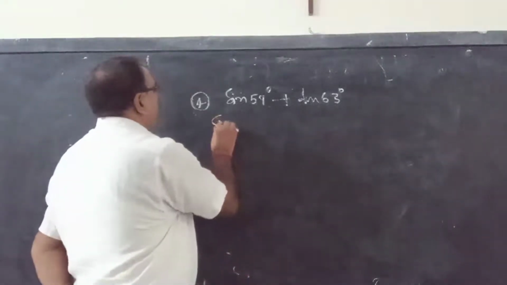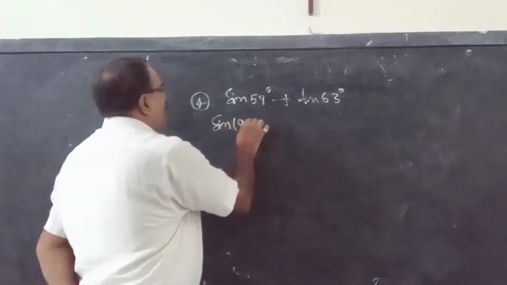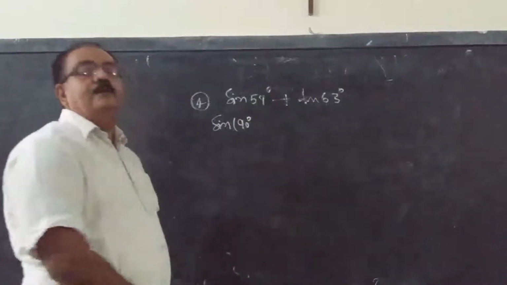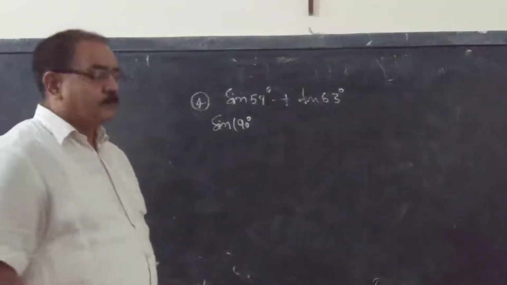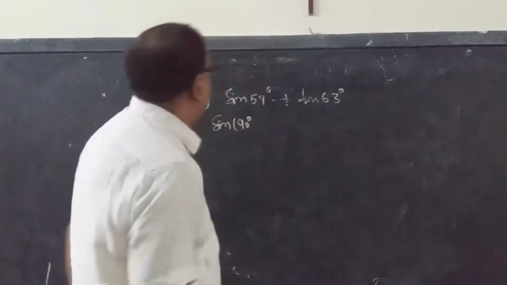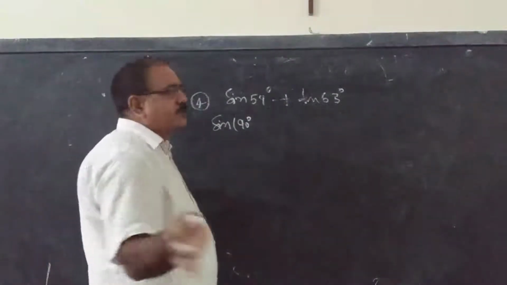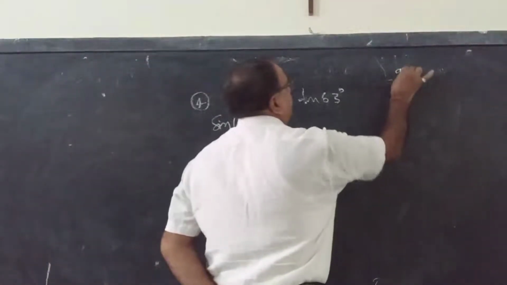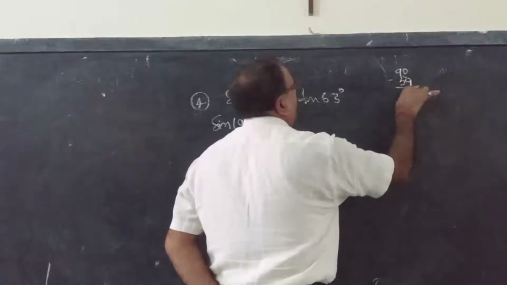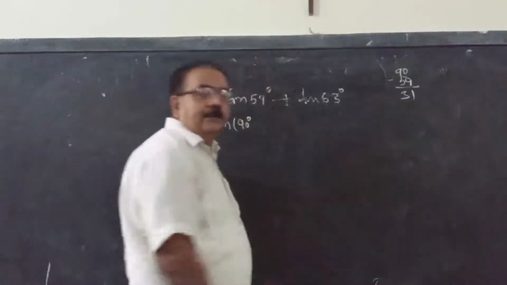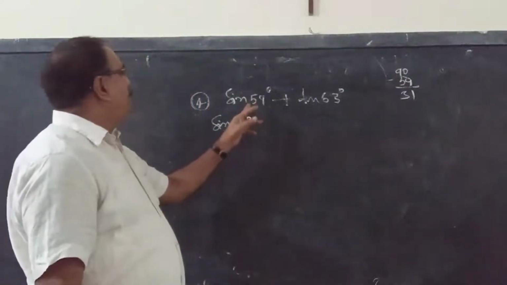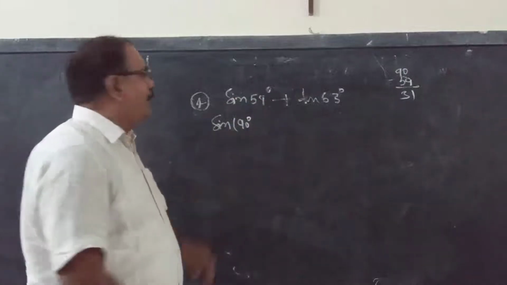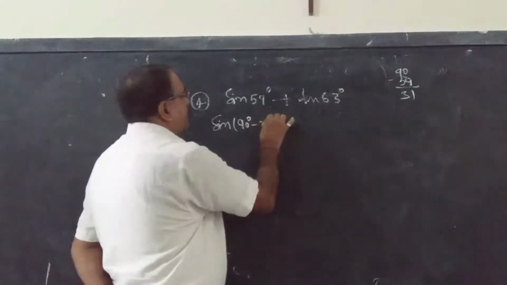So from sin, how much will we subtract from 90 so that it becomes 59? 31 degree.